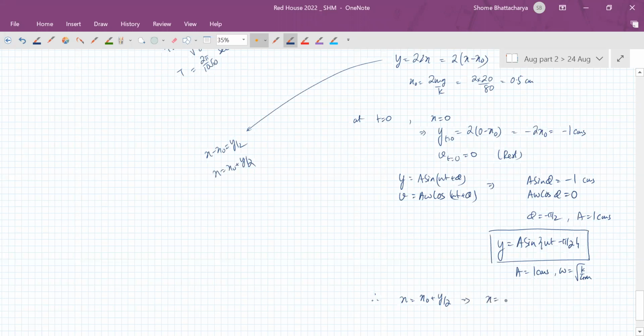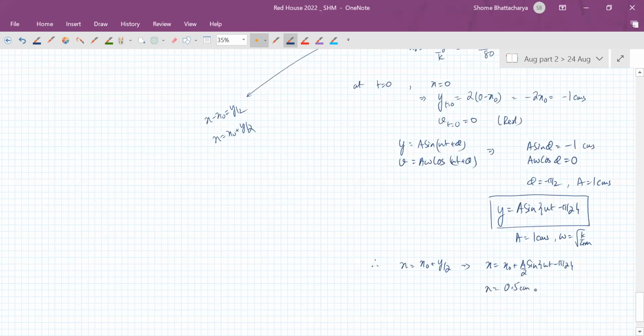So x as a function of time is, now you can see that x naught was 0.5 centimeters and amplitude divided by 2 is also 0.5 centimeters. So basically x as a function of time is, if you take 0.5 centimeters common, 1 minus cos omega t.